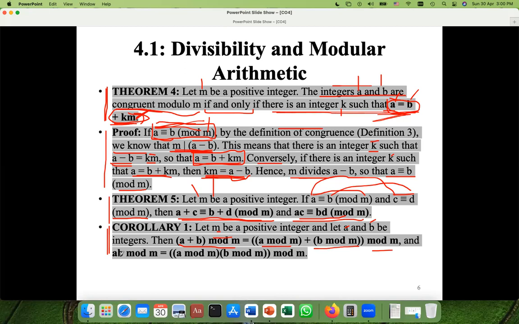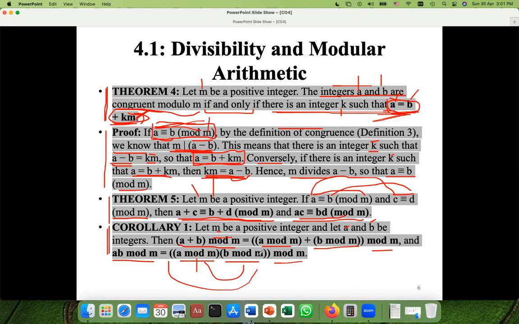And similarly for multiplication, if you have ab mod m, it is equal to a mod m, you will get some value. You have to multiply that value with b mod m, you will get some value. You have to multiply them, and then calculate their mod m again. If you have a and b, you divide a by m and get a remainder.